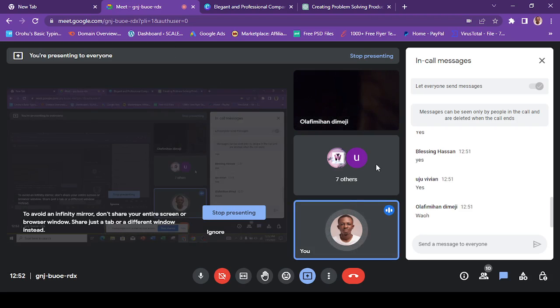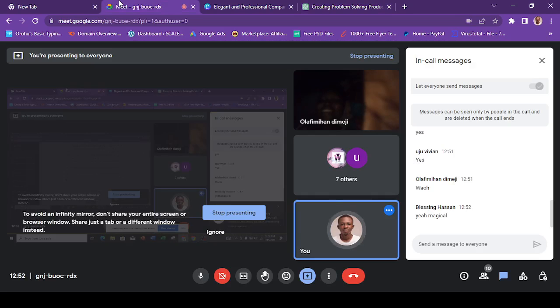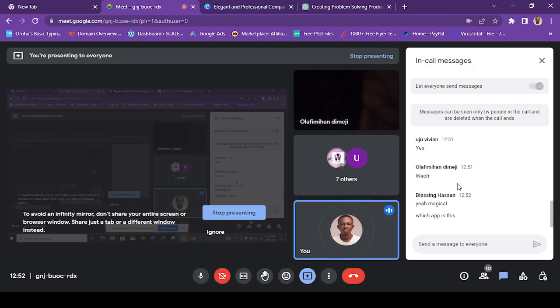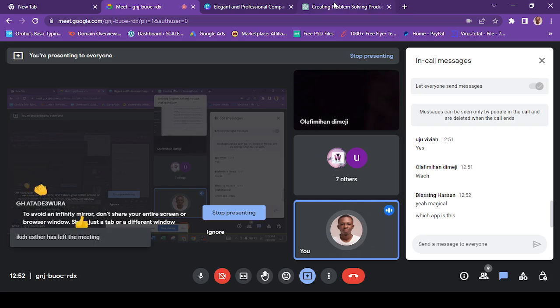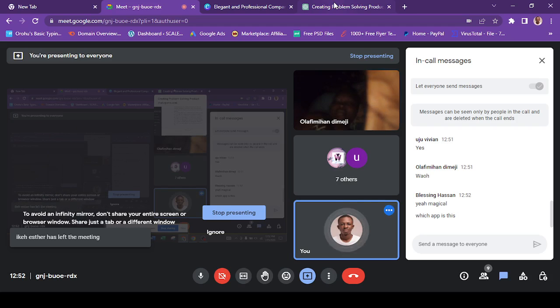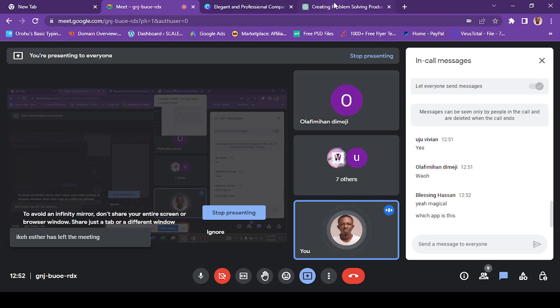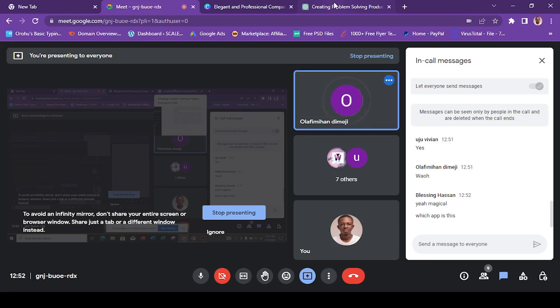Who is shouting wow? That's right. So you have a lot to use, a lot to maximize here. So you are learning something. Which app is this? Is that an app? I will drop it in the group. We will use it. I just had to use it so that you get the concept of what I actually want to explain. I'll teach you how to use it and I'll still give you access to it. We are going to learn how to use it, so just relax for the meantime.